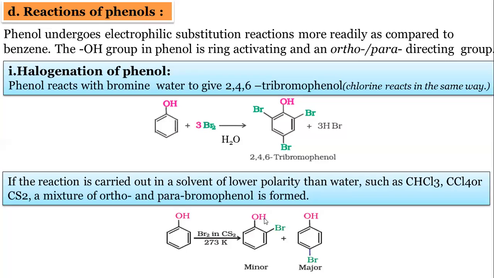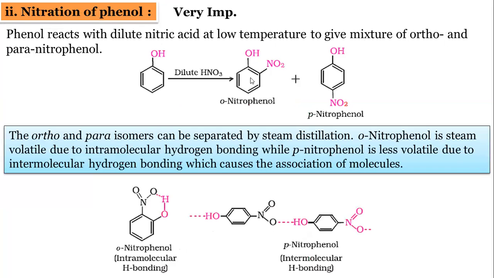But in the case of ortho, OH and Br are closer, so they can hinder each other. So this is a minor product and this is the major product. Always remember, phenol is an ortho-para directing group, so one hydrogen from ortho and one hydrogen from para is removed.